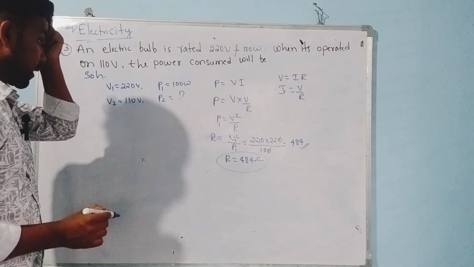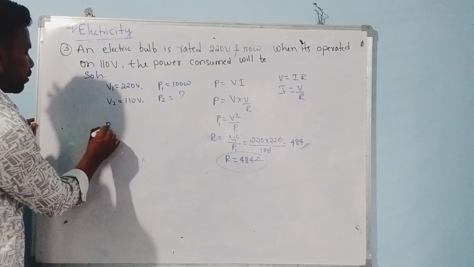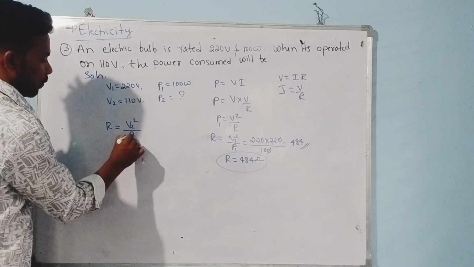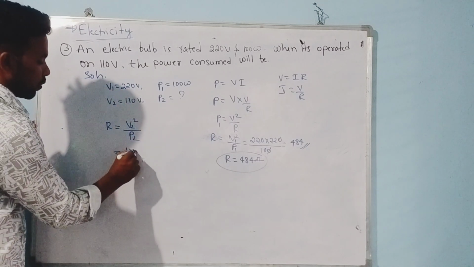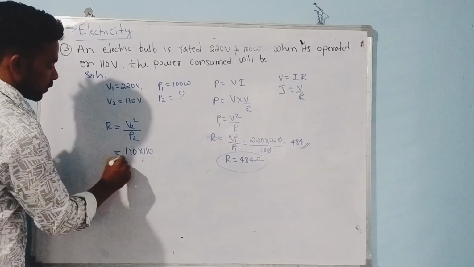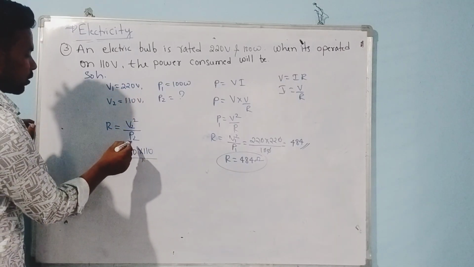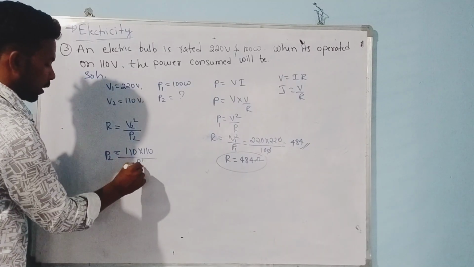So from this, next condition. R is equal to V2 square by P2. V2 is 110, so 110 into 110. So P2 you have to find out. P2 goes here, R comes here.